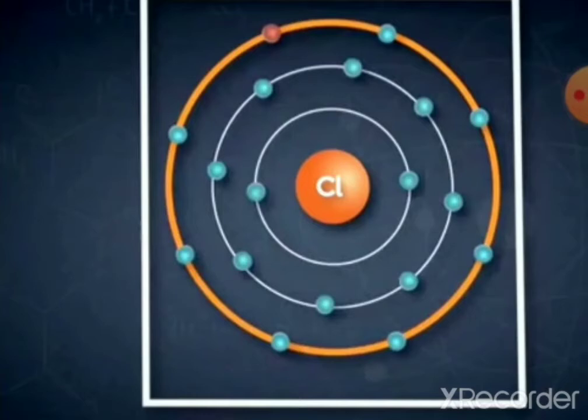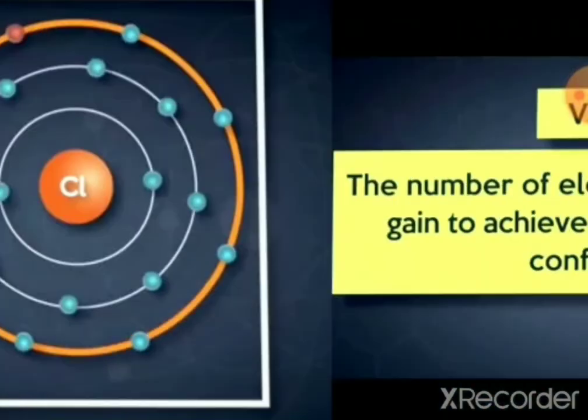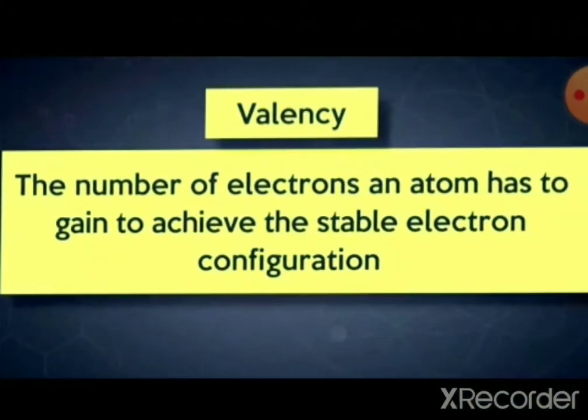Now in the M shell there are 8 electrons. So we came to the conclusion that another definition of valency is the number of electrons an atom has to gain to achieve the stable electron configuration.